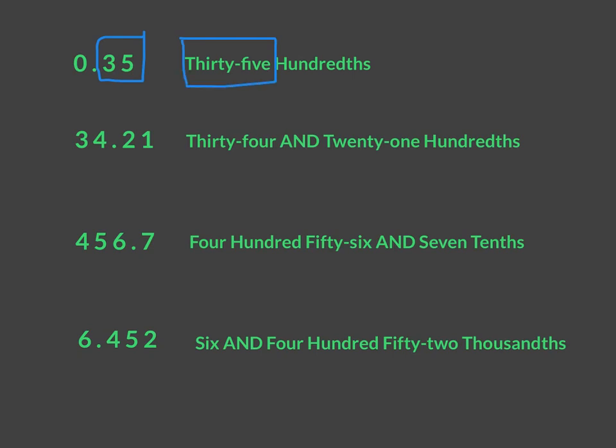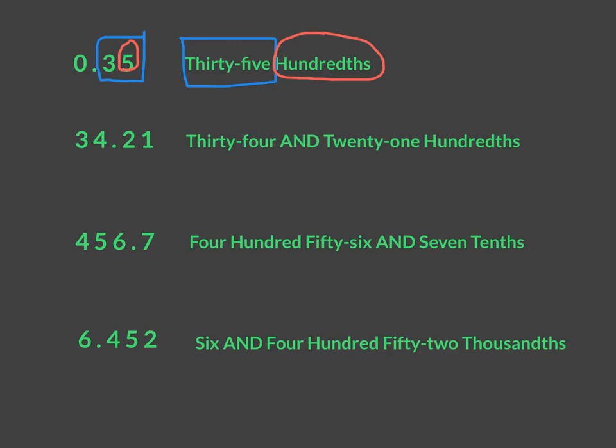Once we read the number to the right of the decimal, we look to the digit at the far right to identify the final place value. In this case, the 5 is in the hundredths place. To properly read 0.35, we would say 35 hundredths.